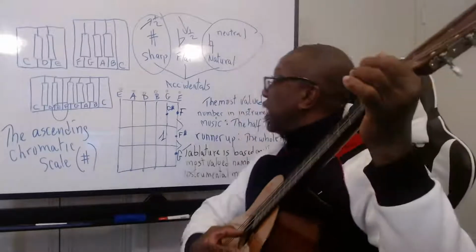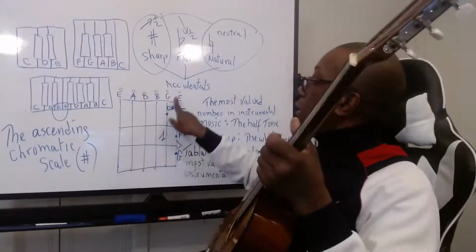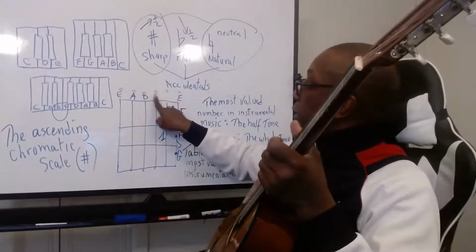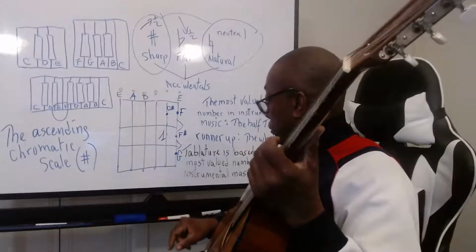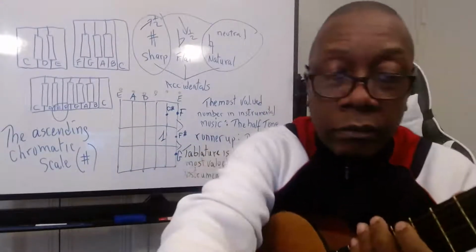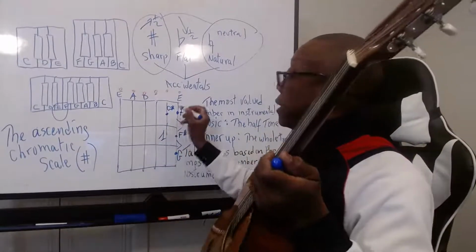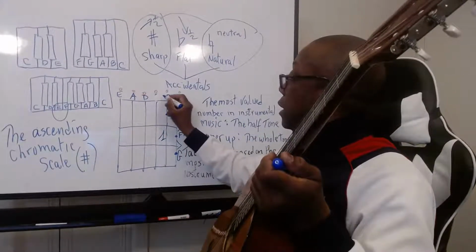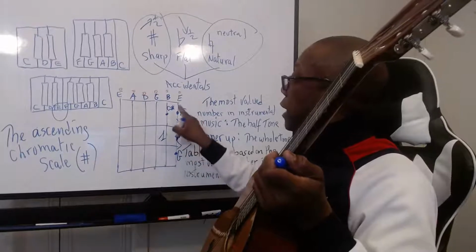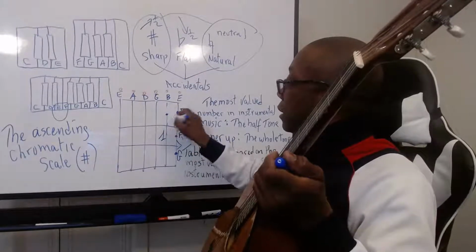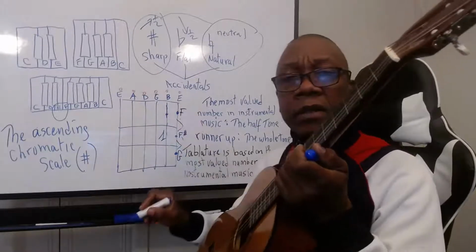I meant B, not G. Okay, wrong sequence. I'm playing the wrong note. See how easy it is. This is B. This is G. That was C. That's a monumental mistake.